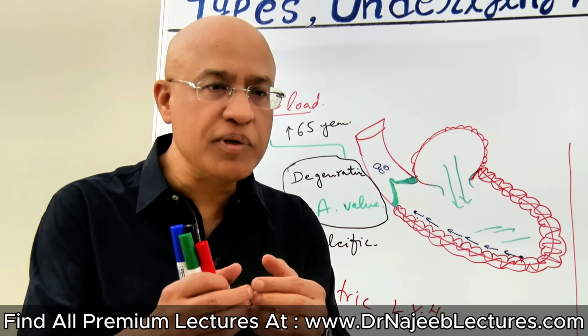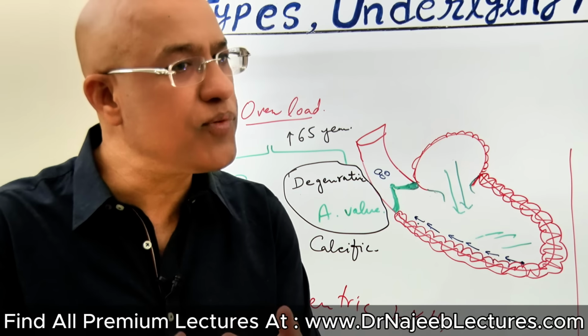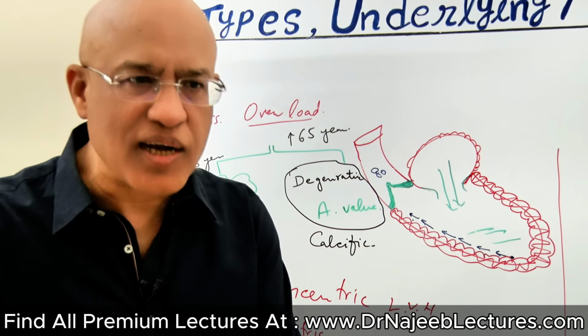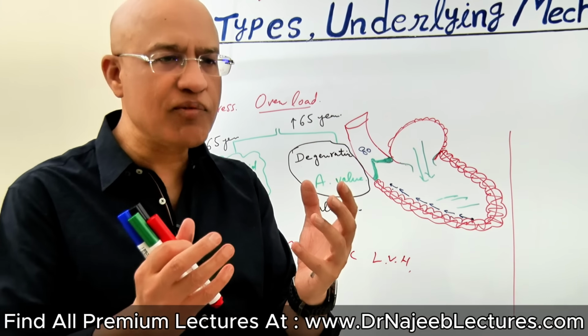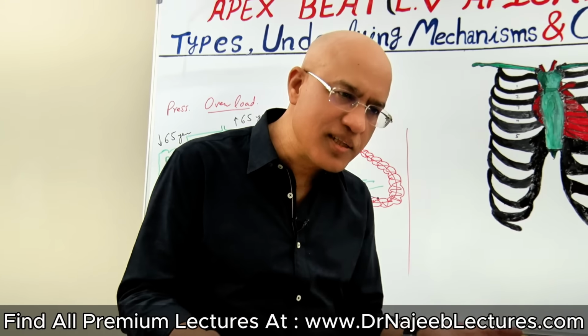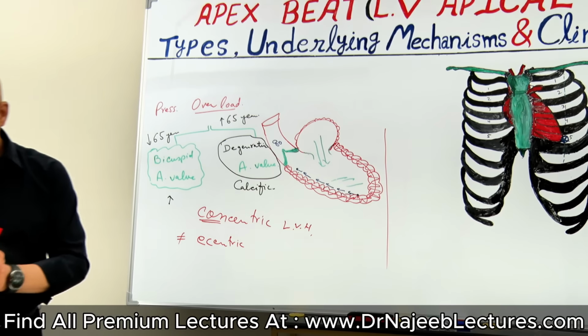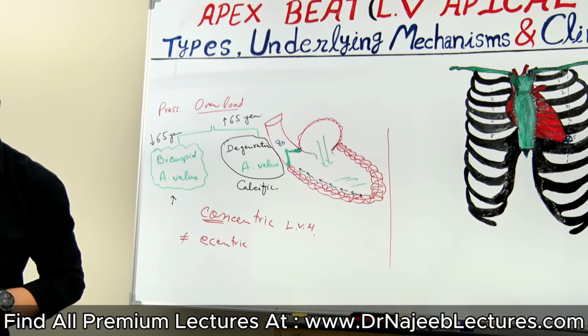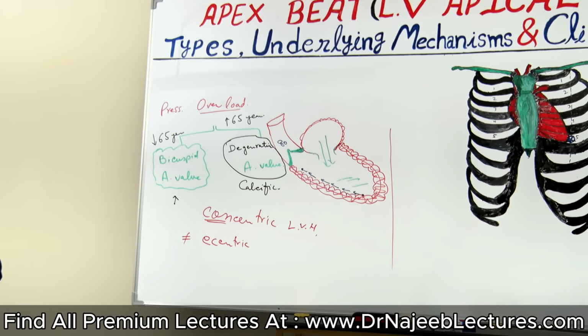When the damaged cell membranes open up, they have phospholipid. Phosphate is negatively charged and calcium is positively charged. So calcium will start depositing there. That is it. Okay.